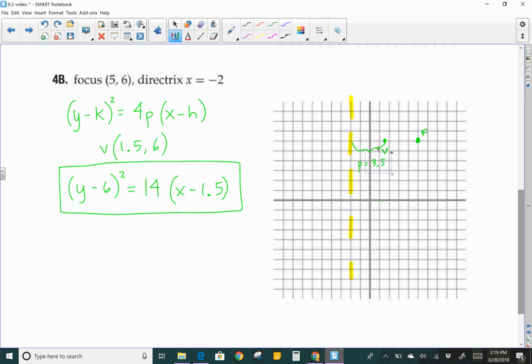And if it's 14, then I'm going to go 1, 2, 3, 4, 5, 6, 7 this way. And 1, 2, 3, 4, 5, 6, 7, kind of guessing that way. And so my parabola will open really wide. And there we have it.